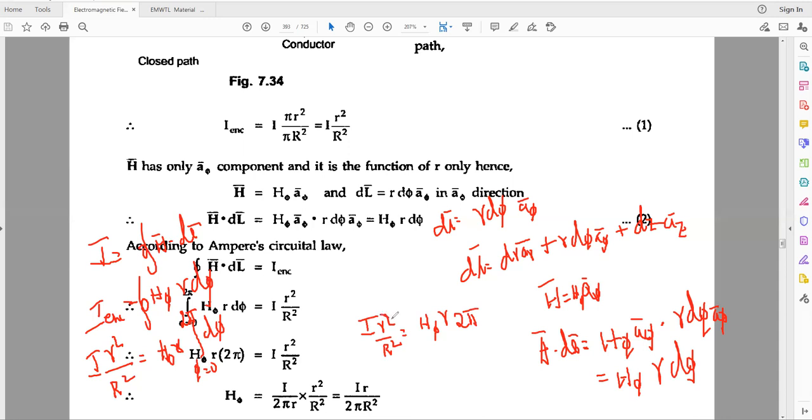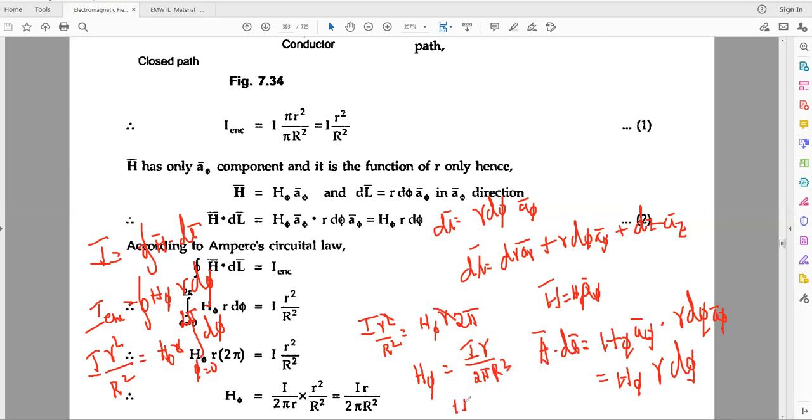Got it, my students? Here the square term is there, and one r gets cancelled. So we find H phi is equal to I r, and 2 pi cross-multiplied gives 2 pi R square.